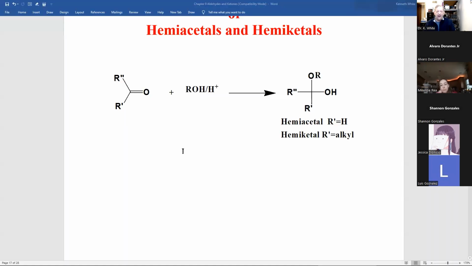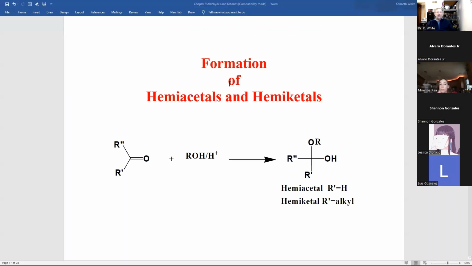But at first, what's going on here? So let's get to that. The first one is called formation of hemiacetal, hemiketal. Now, this should be a carbon here. My software doesn't like to put it in. Same thing here. Now, let me rewrite this to help you out.